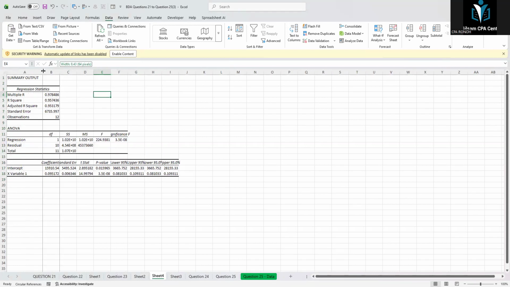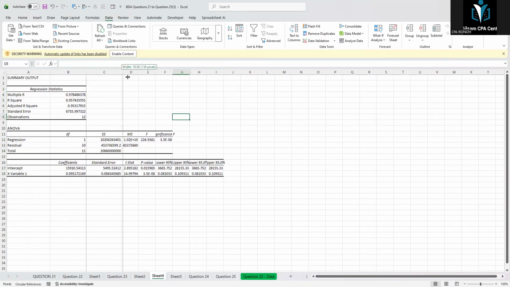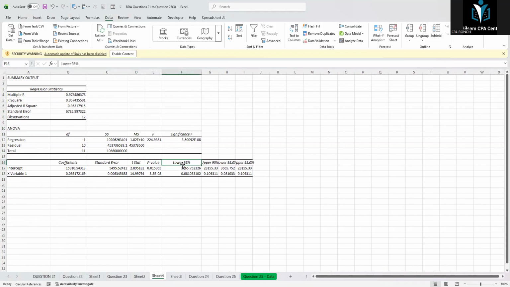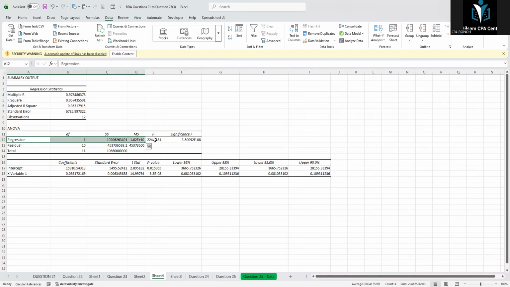This is our regression analysis. With the regression analysis, you can get the intercepts with the standard error and the lower confidence level and upper confidence level. In the exam, you just need to give them this, because you can see these are the regression analysis with the significance level, residual, and total.